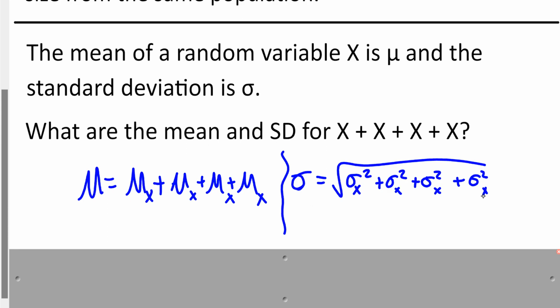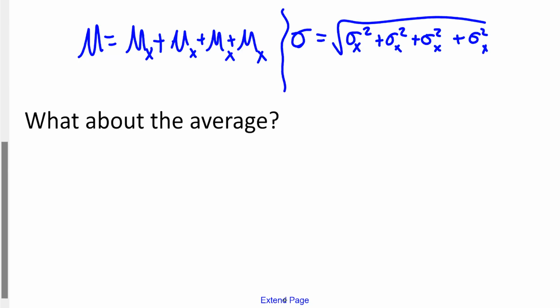But what about the average of all of the means? So we have a whole bunch of means. How do you find the average of all those means? Well, let's think about it. If you take all of those, which is ultimately, we'll say 4 mu, we have 4 of them, so the mean of x bar would be equal to this divided by 4, because we want to get the average.